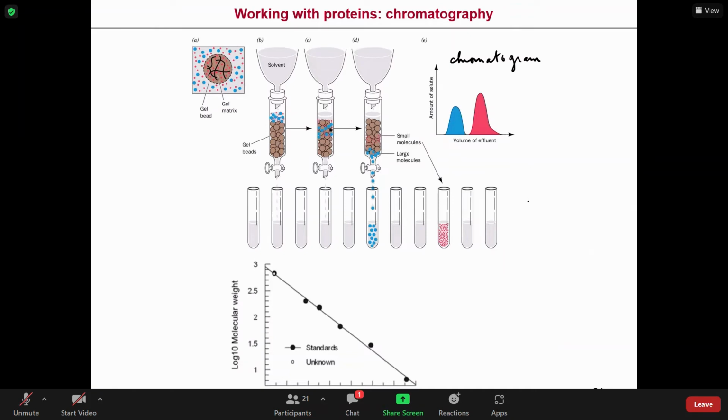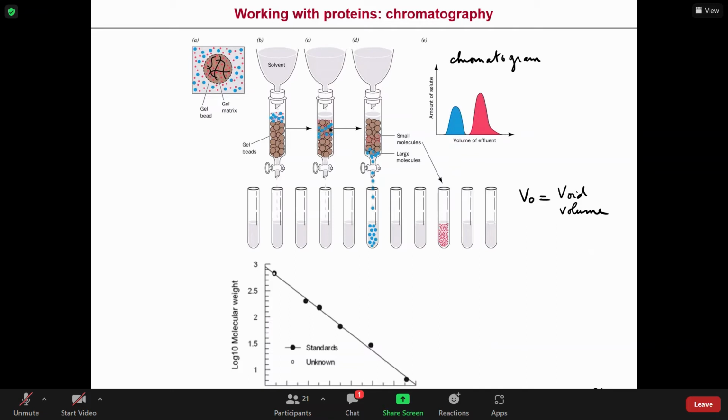What we call V0 is the void volume. It's the volume needed for very, very big proteins to be eluted. It's kind of the volume of your column.